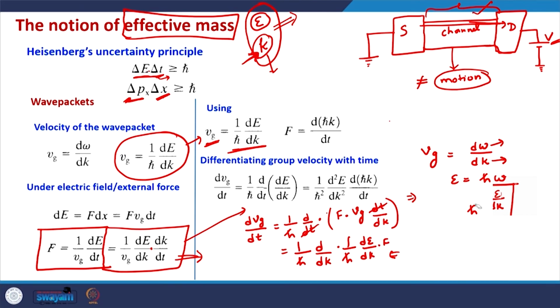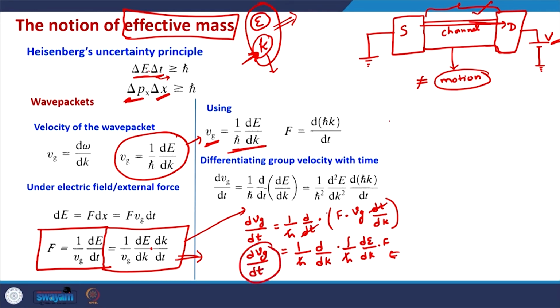So, by using this expression, we can deduce the relationship between the force and the acceleration, since this dVg by dt is like acceleration in classical mechanics. This ultimately turns out to be 1 by h bar square d2E by dk square times F. Okay.